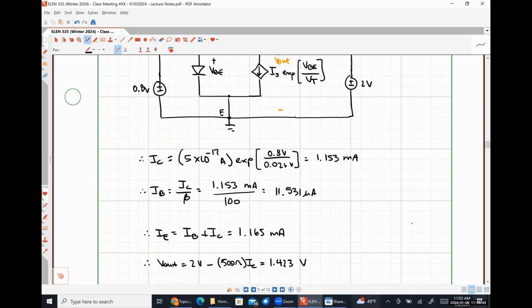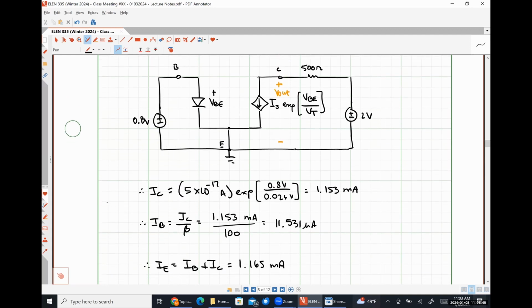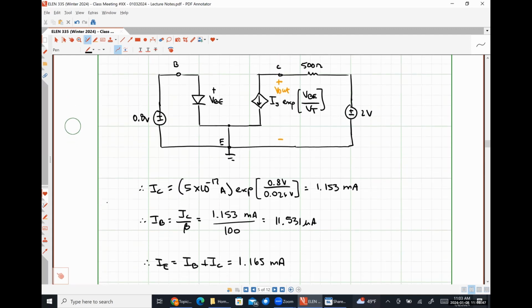And since the output voltage is the same as the collector emitter voltage, we can see that our base emitter voltage is 0.8. So VCE is greater than VBE is greater than 0. So our BJT circuit here is biased such that it is in the forward active region.